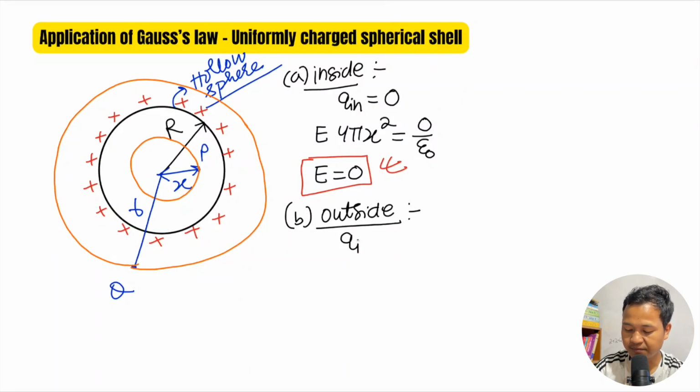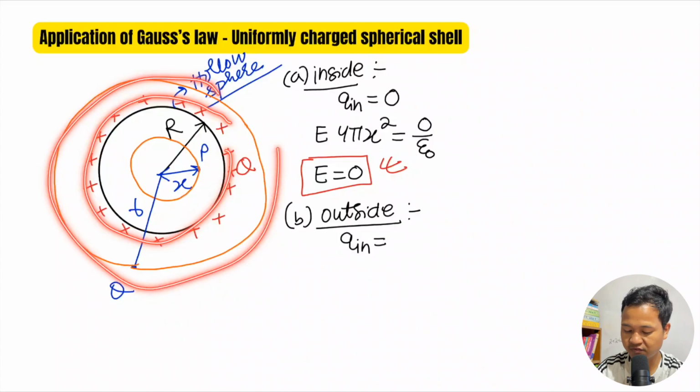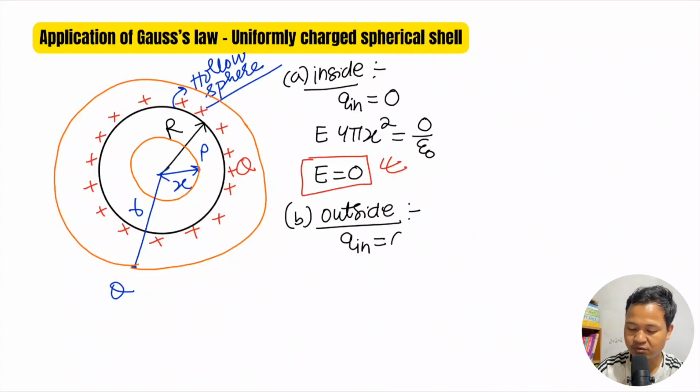What is Q in? Suppose the total charge on the sphere is plus Q. All the charges are inside this Gaussian surface, so Q in is Q itself, whatever charge is placed on the sphere.